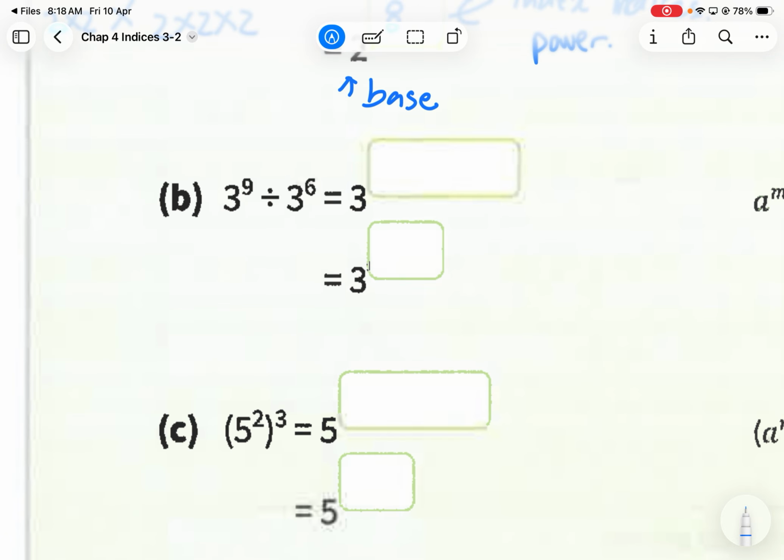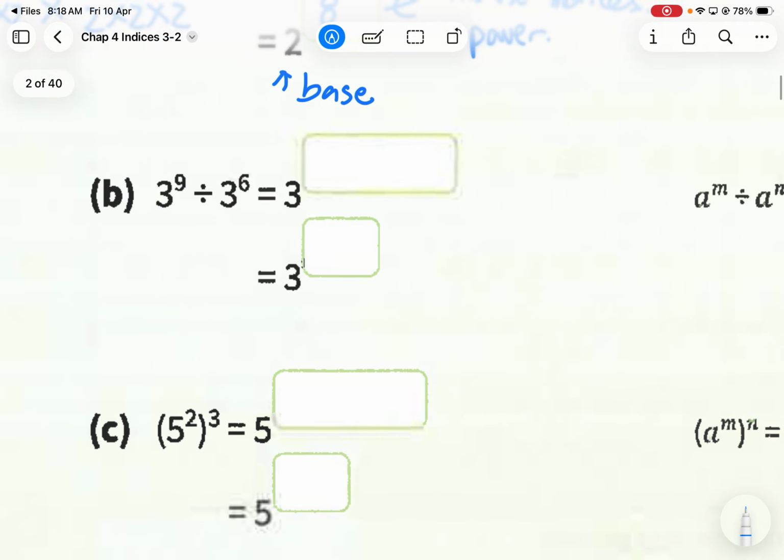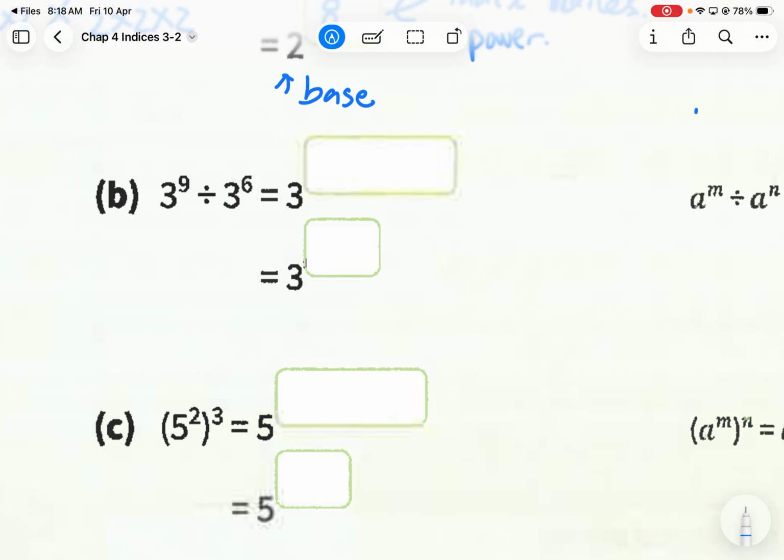For B, they call this the second law. So the second law talks about division when it is the same base. So what do we do? What is actually happening is 3 to the power of 9 divided by 3 to the power of 6.